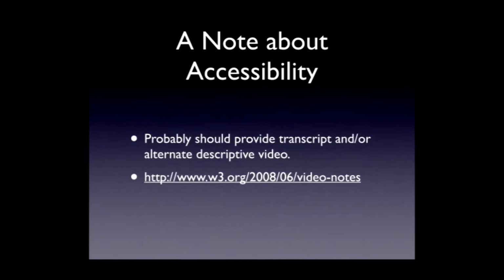So, a note about accessibility. Provide a transcript. Usually that works if it's just a lecture and somebody's just talking. You don't really need a description like he's wearing a blue tie and has slacks on. Just provide the transcript, because that's what they're there to learn, the content of the video.